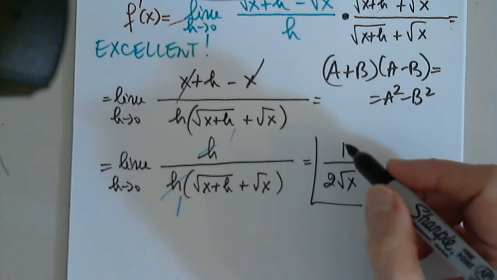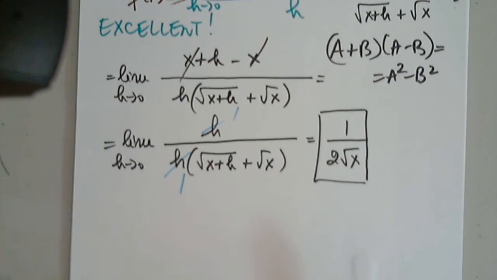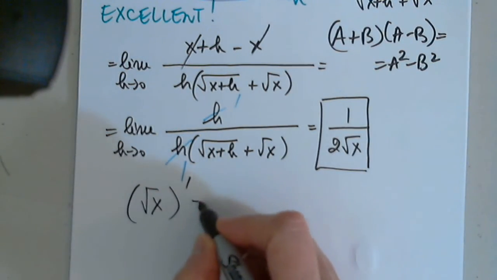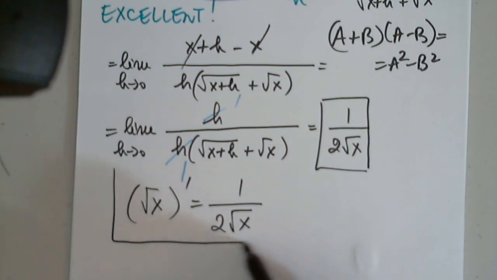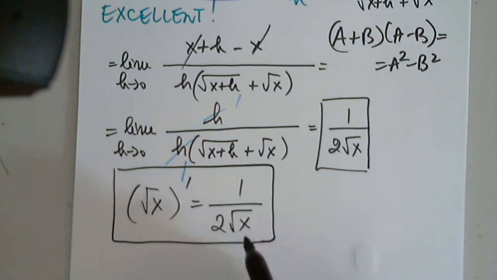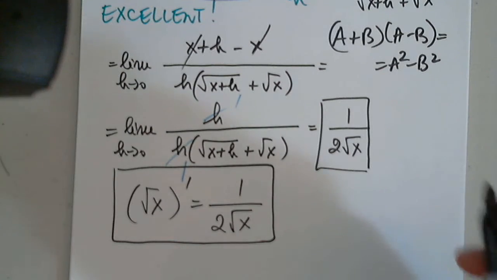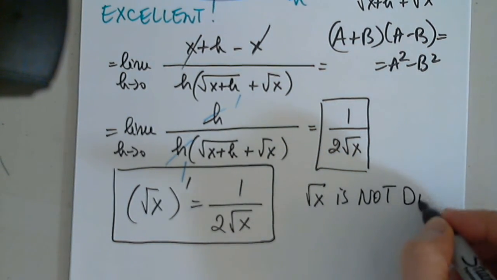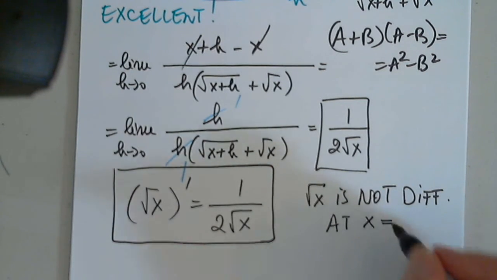Very good. Thank you. This is the derivative function to be carved in stone in our brains moving forward. Forever. Can anyone tell us where the square root of x is not differentiable, and why?